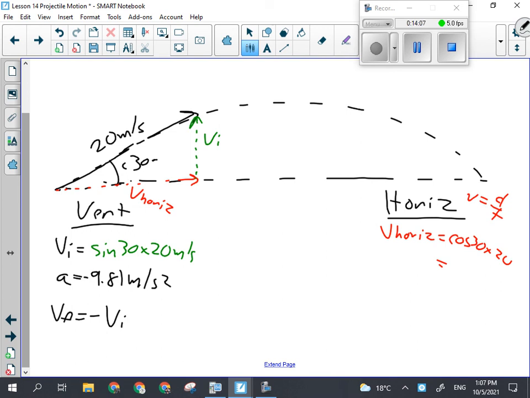Start and end are the same. It goes up, comes back down, so the vertical displacement is 0. But I can calculate the time, using the formula you used last year. And once I have time, time can be used over here with the horizontal information.